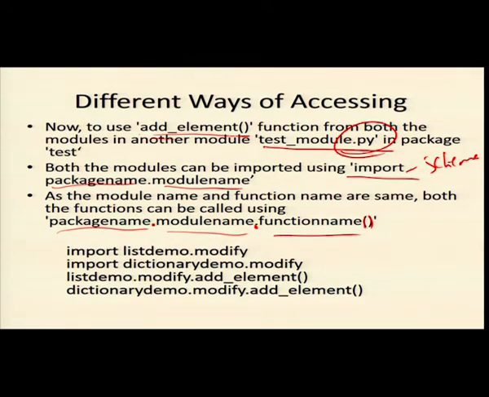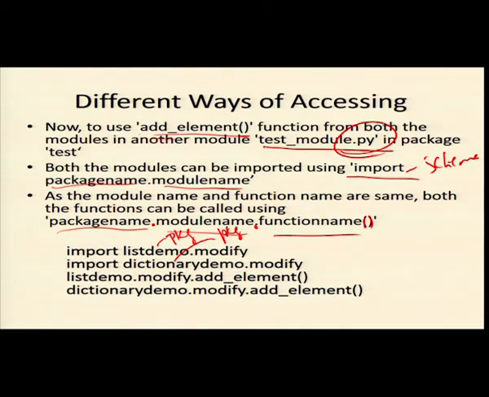Now, import list demo dot modify, import dictionary demo dot modify. So what is this dictionary demo and what is this list demo? List demo is a package. Similarly, dictionary demo is a package. So, list demo dot modify, dictionary demo dot modify.